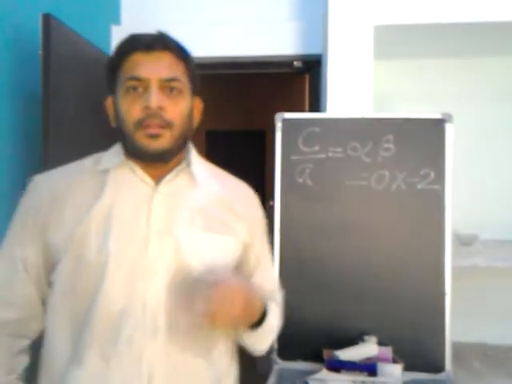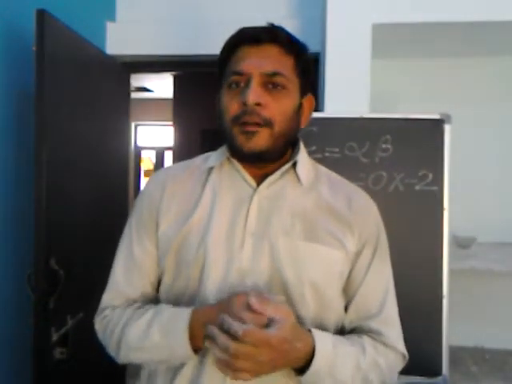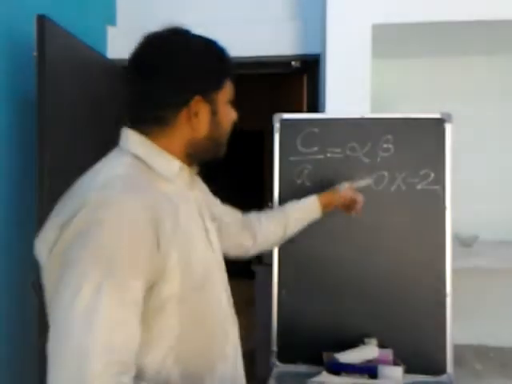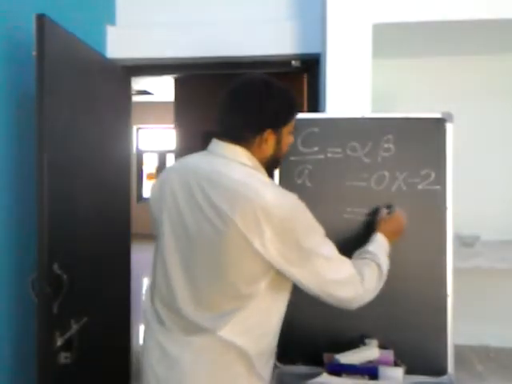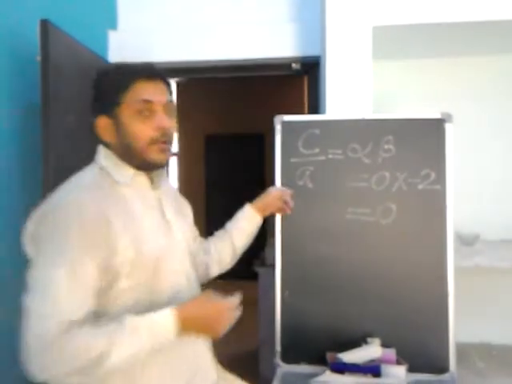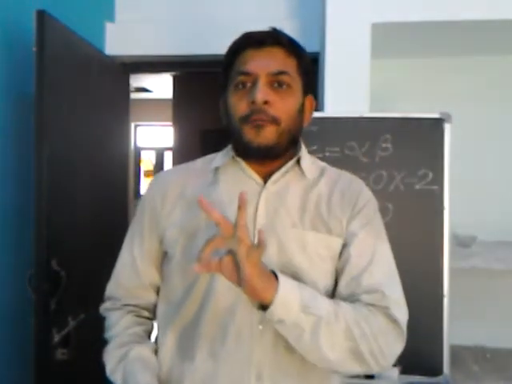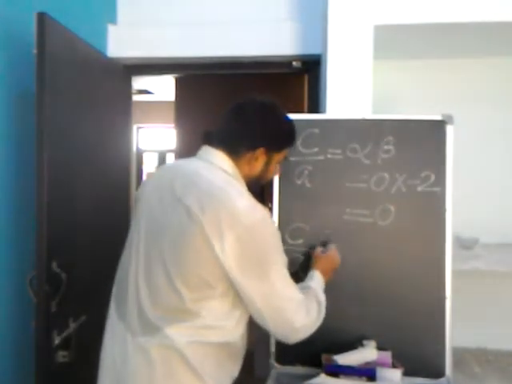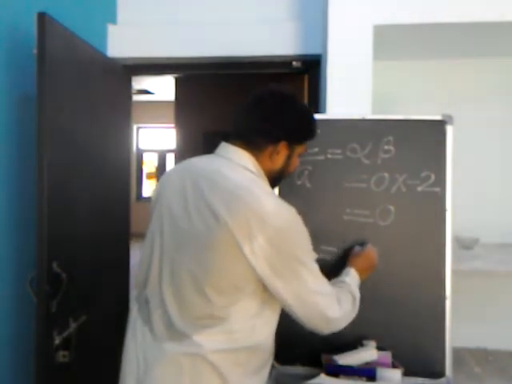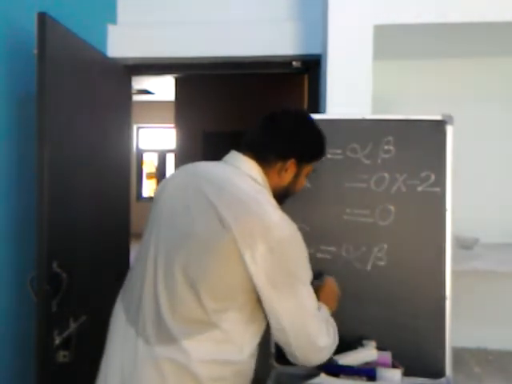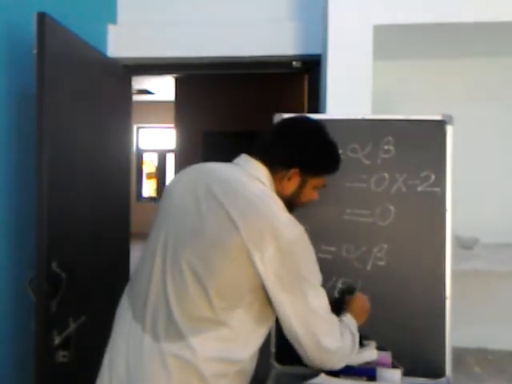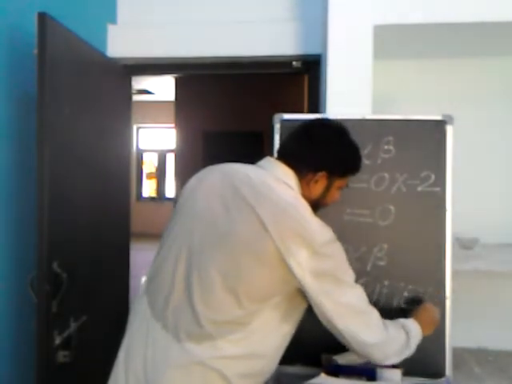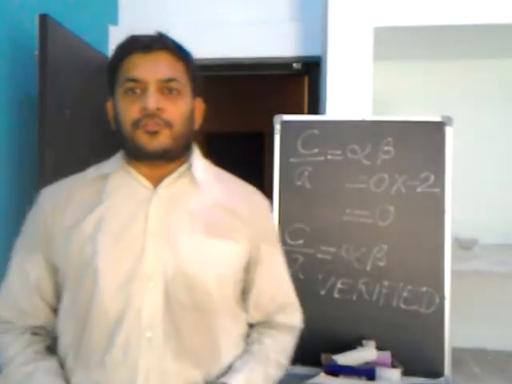And we know that if 0 is multiplied by anything, the answer comes 0. So the answer is 0. Alpha into beta is C upon A. Our C upon A was 0 upon 4, which was 0. So again, C upon A is equal to alpha into beta, verified. This is how we shall solve these questions.